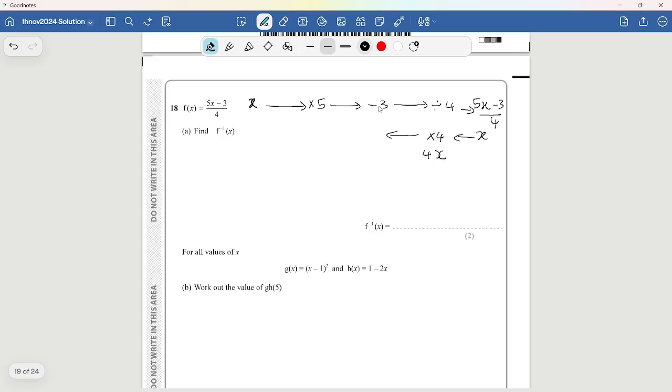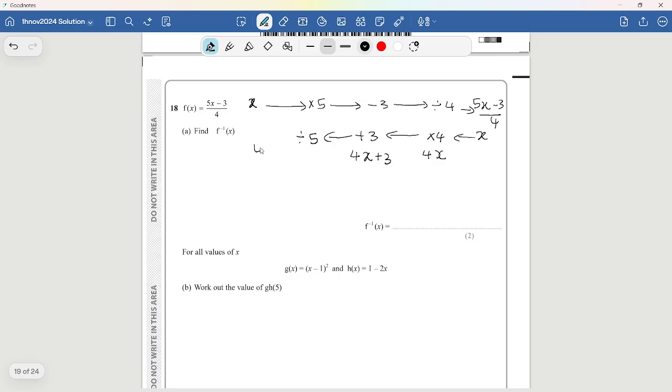Moving forward, there is negative 3. You subtract 3 in the original function, so you add 3 in your reverse function here. So this will make it now 4x plus 3. Now this next operation was times 5, so divide by 5 now.